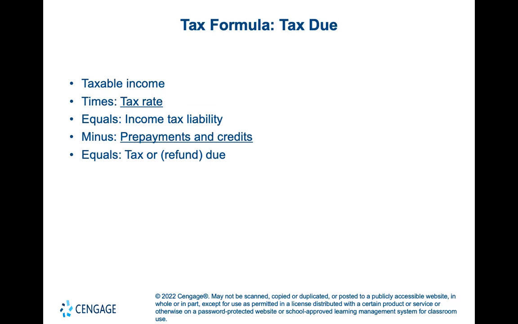So the tax formula: taxable income times your tax rate equals income tax liability. That liability is what you're liable to pay. And this, by the way, is the bottom half of our tax formula we saw above. Minus prepayments and credits, that equals your tax due or refund due.